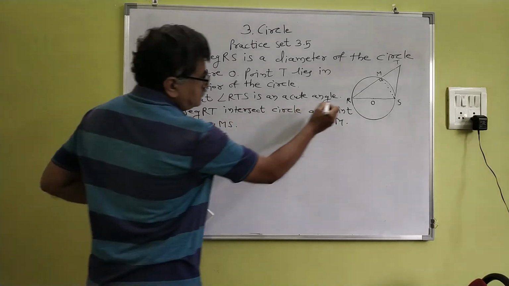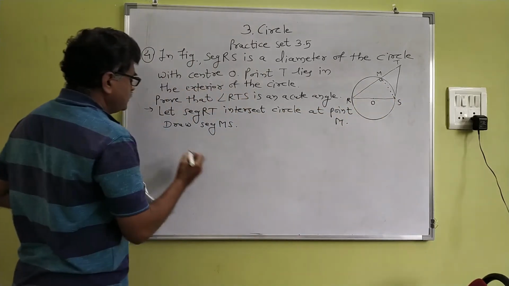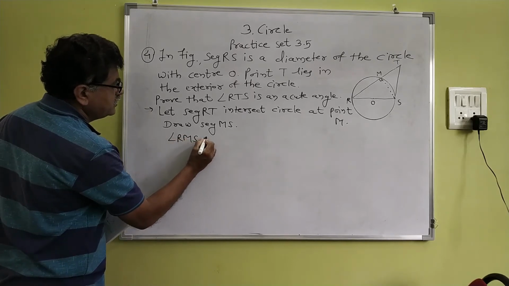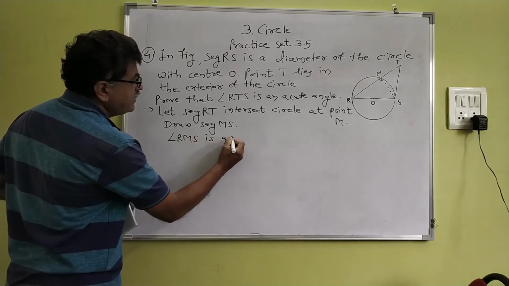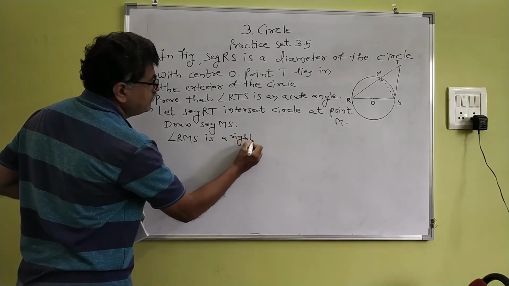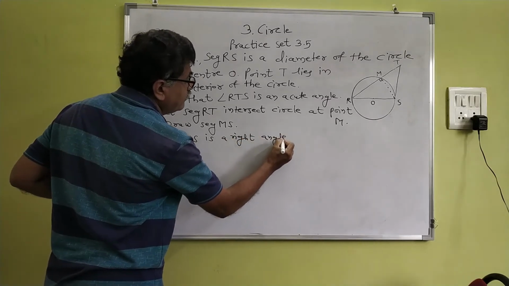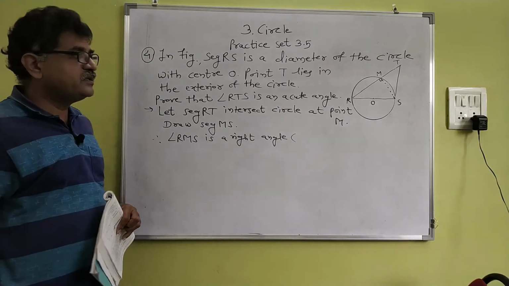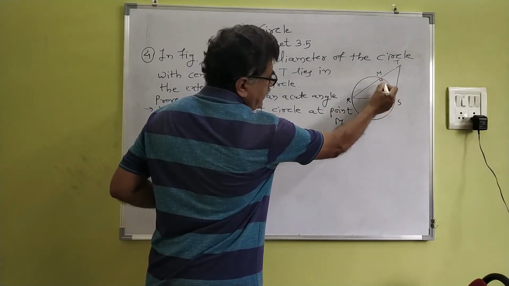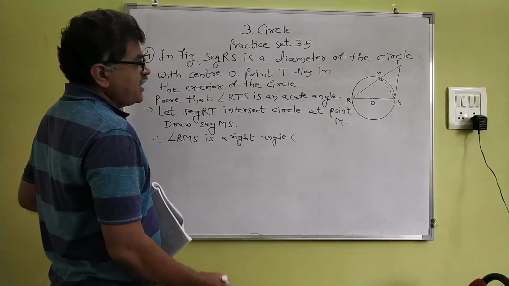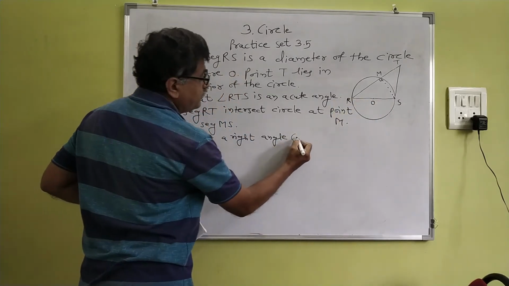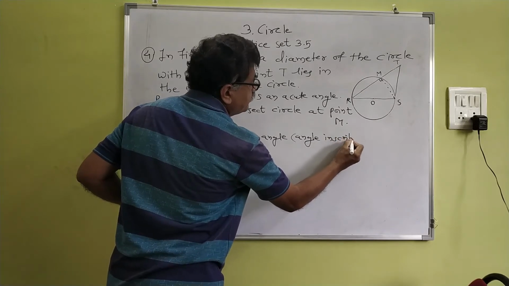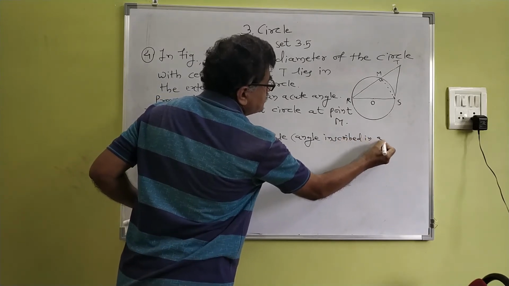Now angle RMS is a right angle. This angle is a right angle since, write down in bracket, angles inscribed in a semicircle.